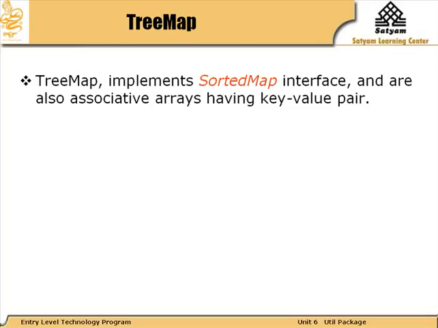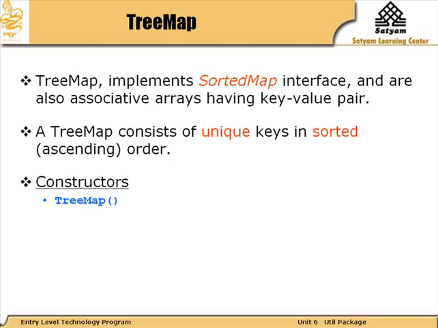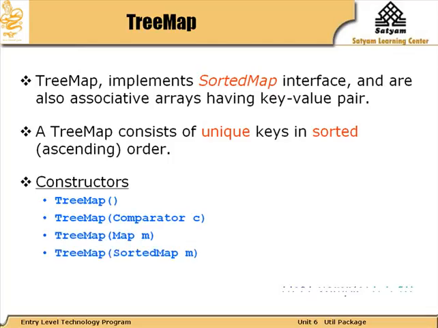TreeMap forms a balanced tree on the key elements of the TreeMap. A TreeMap consists of unique keys in sorted order. TreeMap also comes with 4 constructors. TreeMaps are used in order to keep your data in a sorted order.